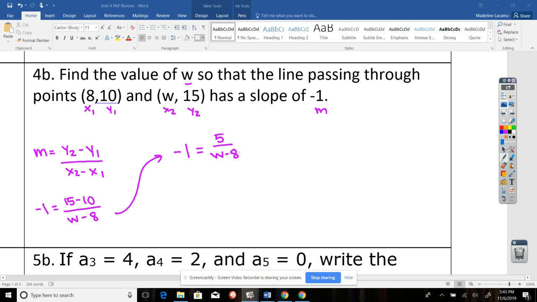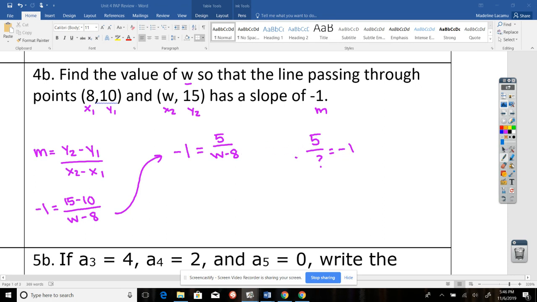So we still don't know what w equals. So now we have to think, 5 divided by what equals -1? Well, 5 divided by -5 would give us a -1.